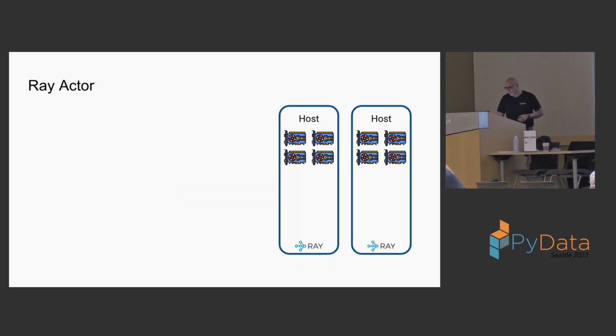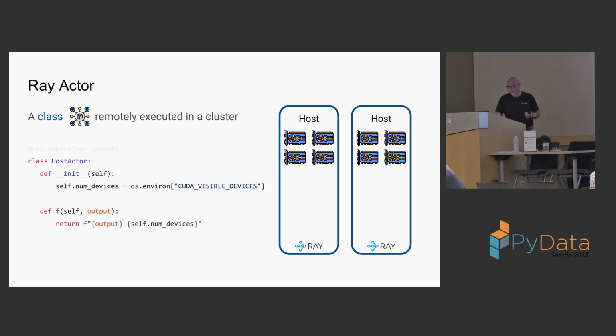In a similar manner, an actor has the ability to specify the same thing. I want 4 GPUs, and I want this particular actor to be distributed across hosts that actually have 4 GPUs. So when I request the 4 GPUs, what happens at this point is that the Raylet scheduler says, okay, I don't have 4 GPUs, so let me broadcast that to GCS to find out which Raylet actually has 4 GPUs, and I'm going to get a list from that.